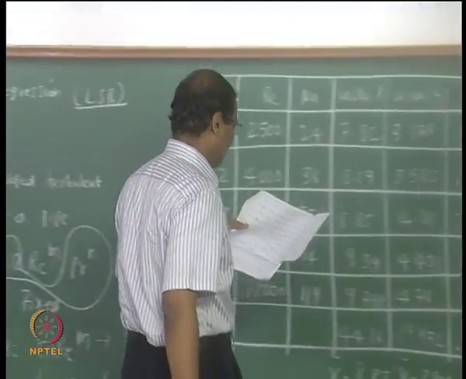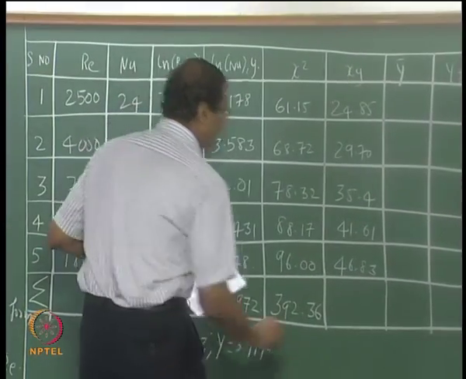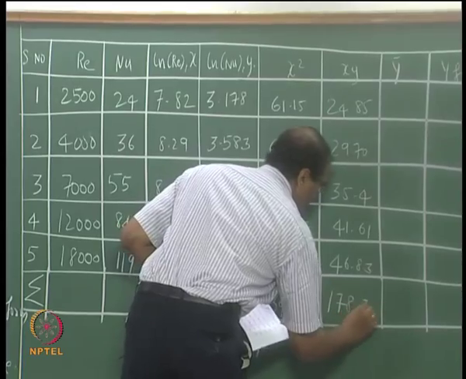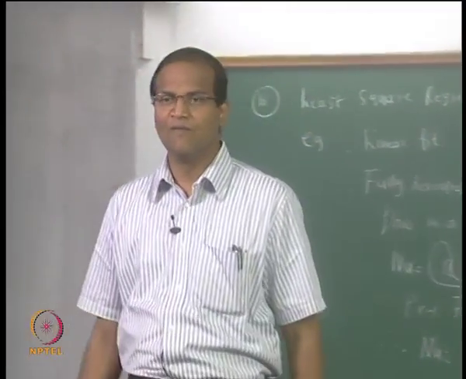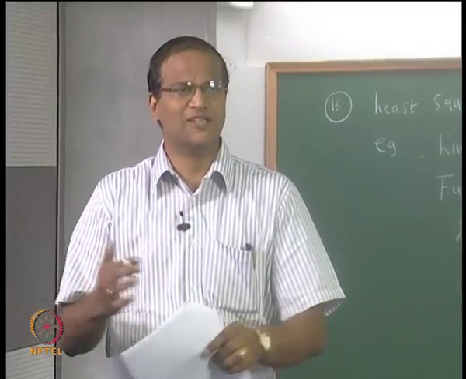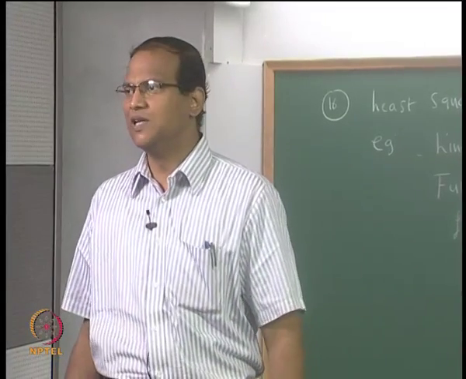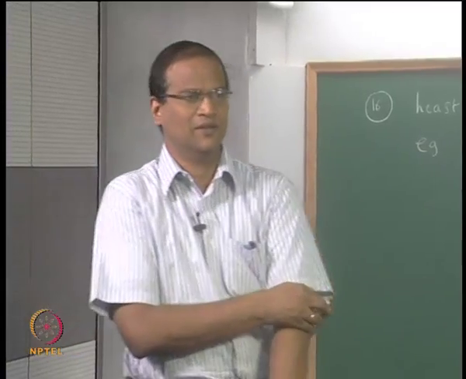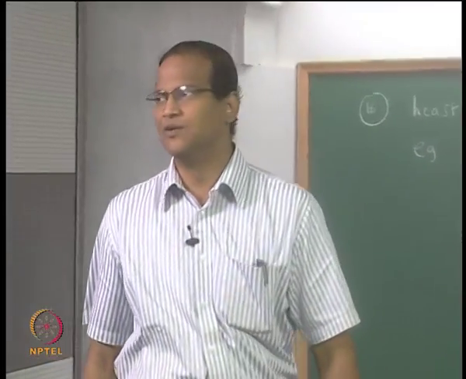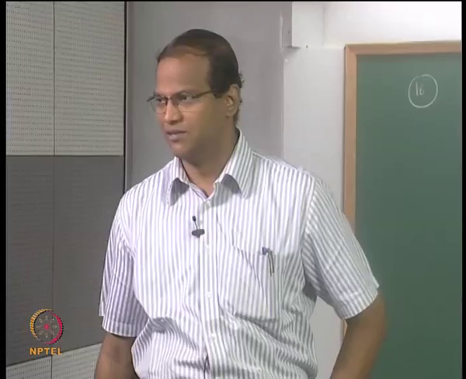So what is the? We require xy, 178.39. I think we now have enough. Now we have all the quantities required to calculate A and B. Please go ahead and calculate A and B and declare that that is a best fit that represents the Nusselt number as a function of the Reynolds number.